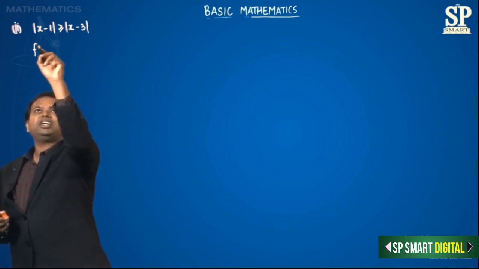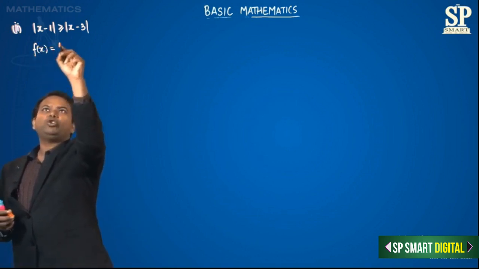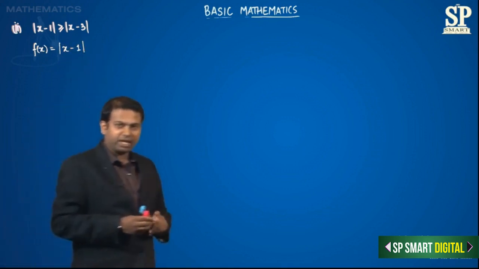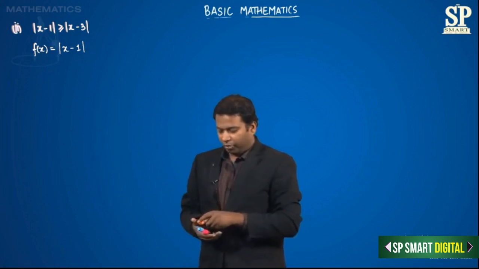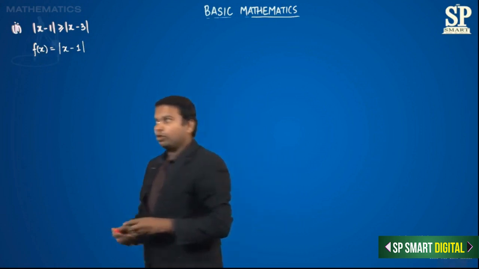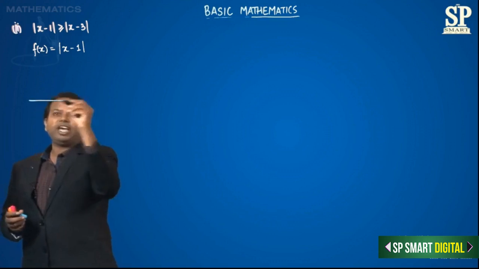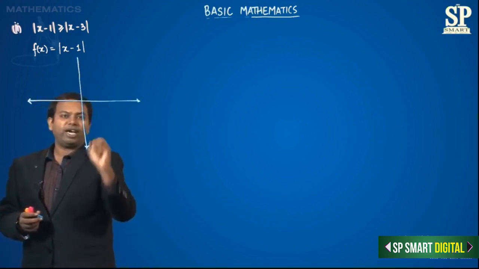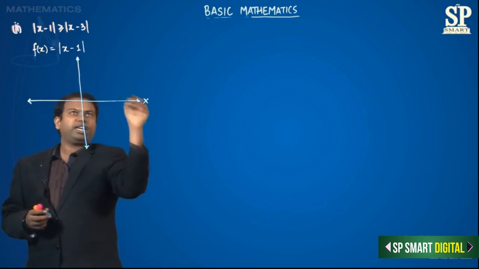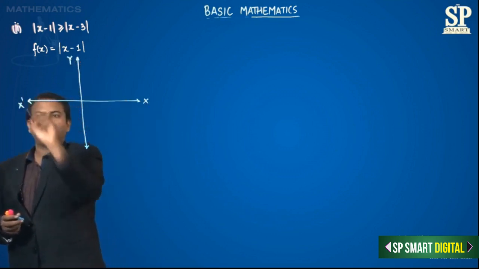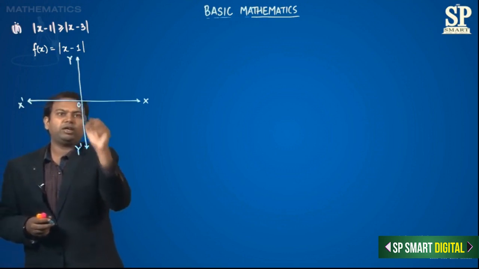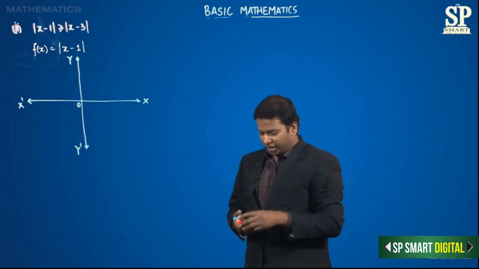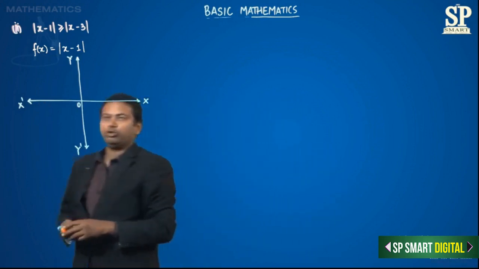Let us first consider f of x equal to mod of x minus 1, and let us try to understand this function before getting into this inequality. So in order to understand this, we have an x-axis and we have a y-axis. Definitely at x equal to 1, this function is going to give us an output equal to 0.